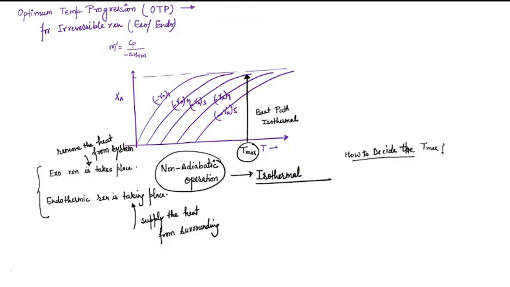Sir, throughout to the end, yes, 800 Kelvin, 1000 Kelvin, 12,000 Kelvin, because as you increase the temperature and operate the reactor isothermally, the volume required will be less. Volume required will be less. Will it be or not? But how will you decide what the temperature will be?